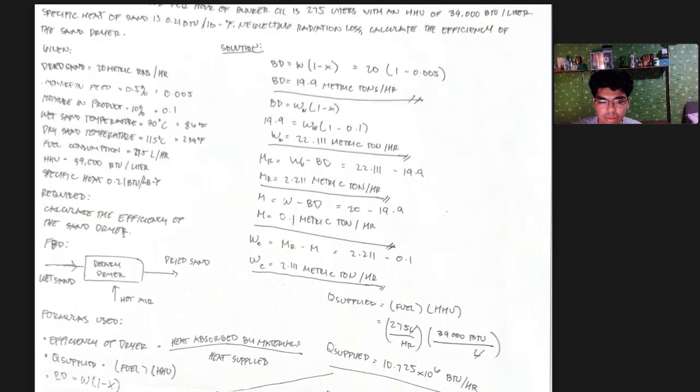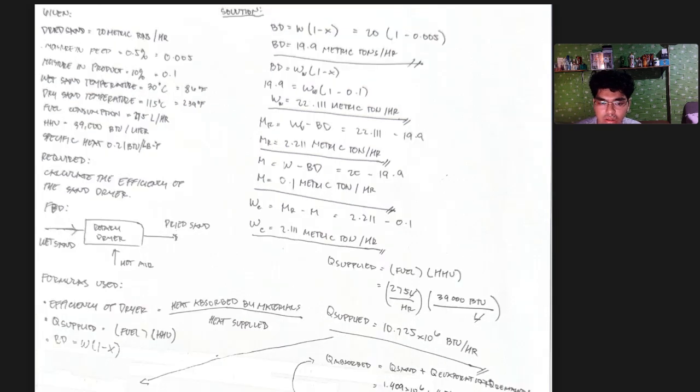Dried sand temperature is 115 degrees Celsius, which is 239 Fahrenheit. Fuel consumption is 275 liters per hour. HHV is 39,000 BTU per liter. Specific heat is 0.21. So the required is to calculate the efficiency of the sand dryer.